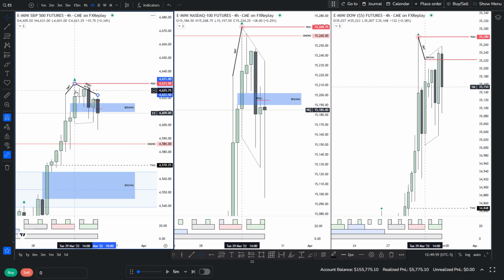And if we look at the comparables there, we can see the SMT at the highs here, which we hadn't noted.